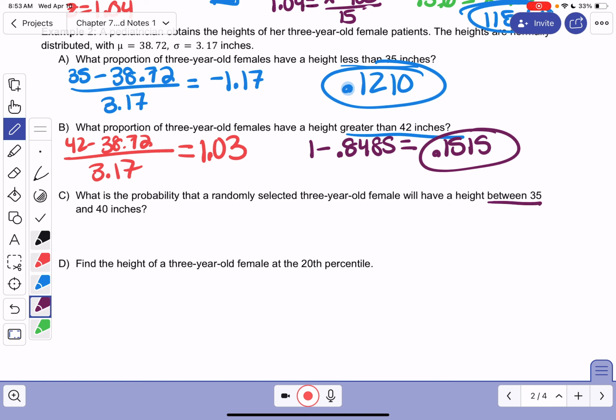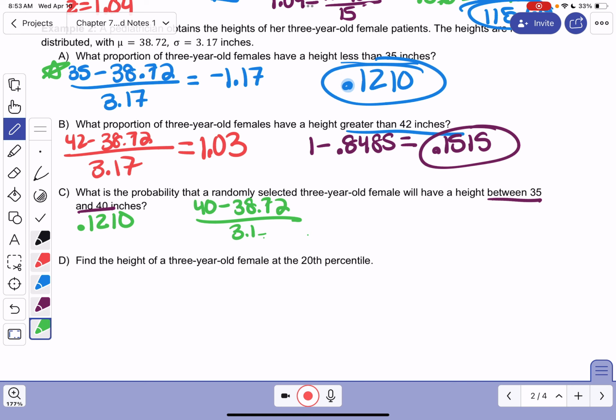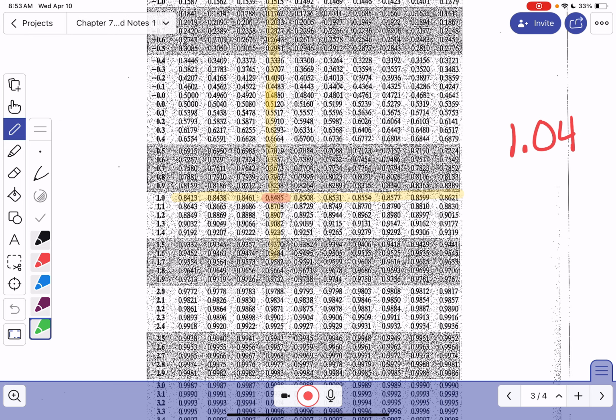Now we're going to do between 35 and 40. So we have to do it for each. We already did 35 in A. So 35 is 0.1210. Now let's do 40. We got 0.40, so I'm going to look for 0.40.